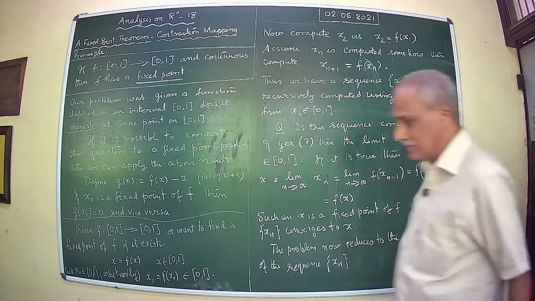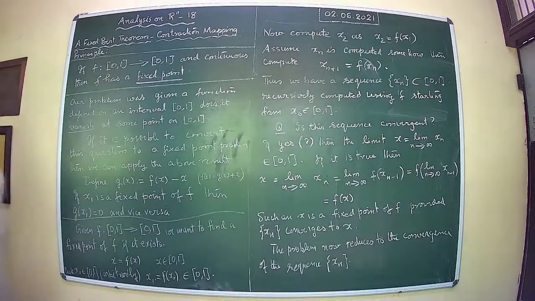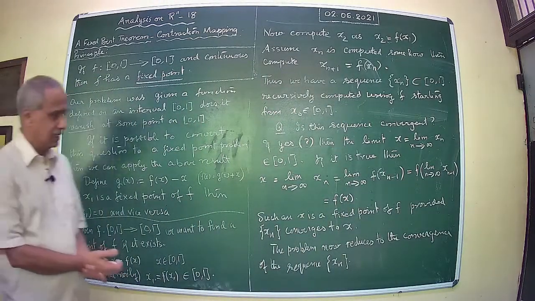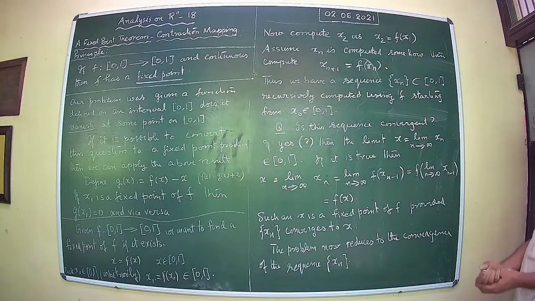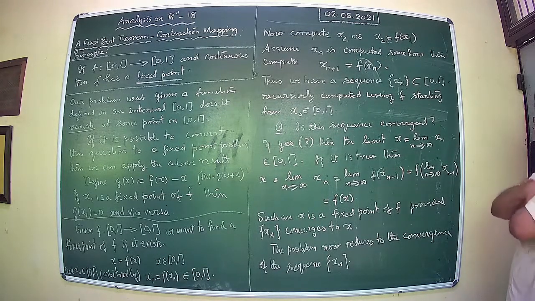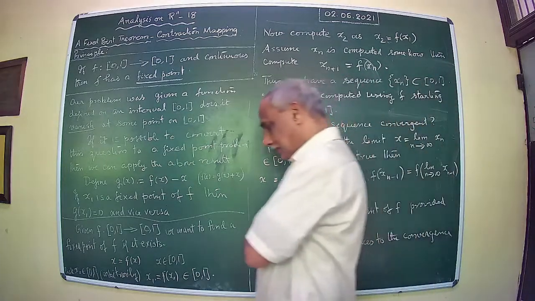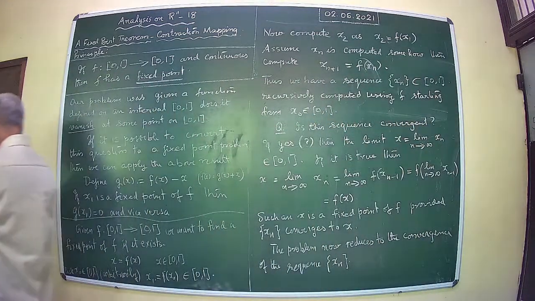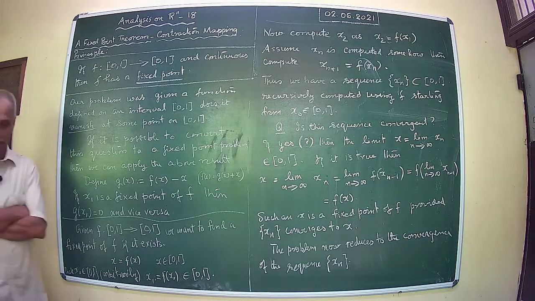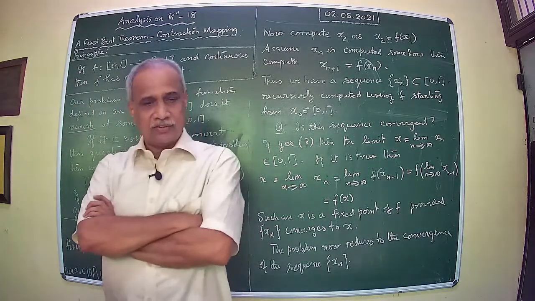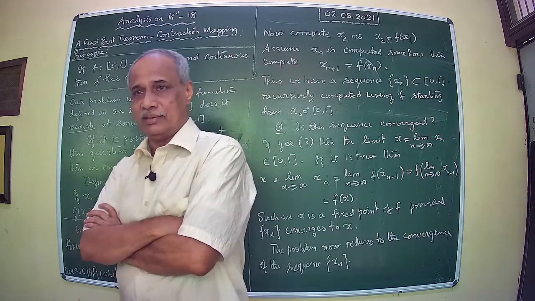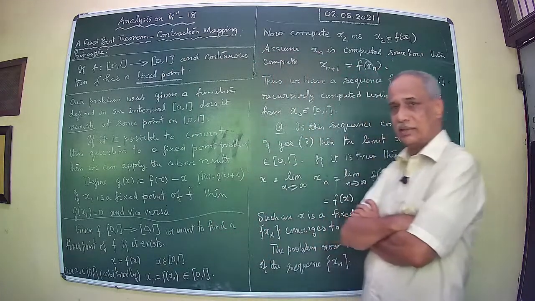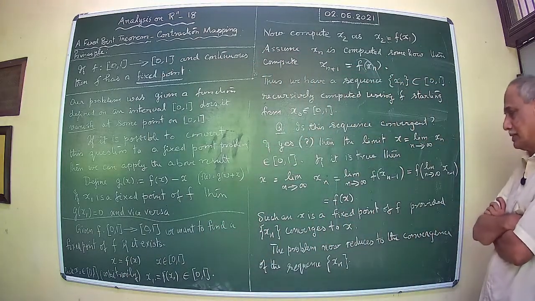But there is one argument that you can give immediately: xn is bounded because it's on the interval [0, 1]. It's an infinite set of points on the interval [0, 1], so a bounded set of points, bounded by 1. So 0 is less than or equal to xn, which is less than or equal to 1.